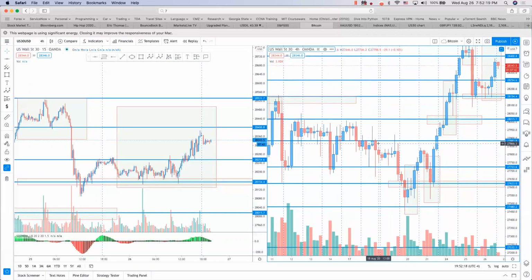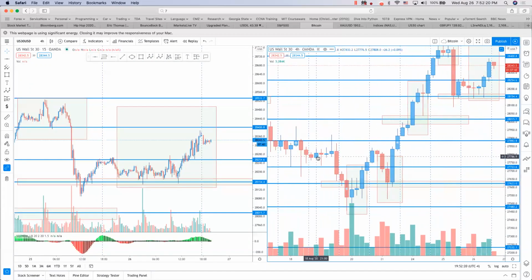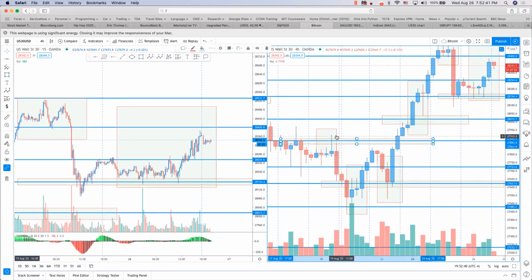The next 4-hour candles, the 4-hour candles from this day, go right here, then here. Here's your zone right here, right? So let's read this.